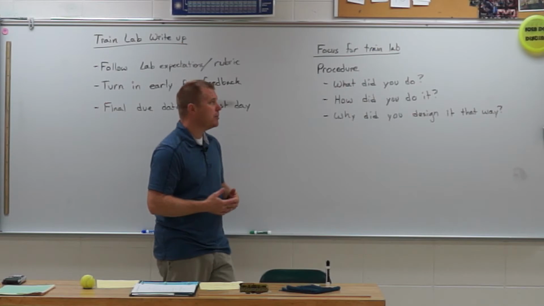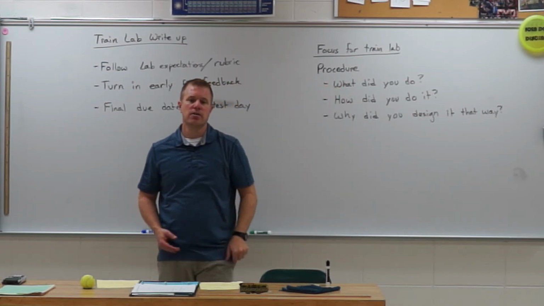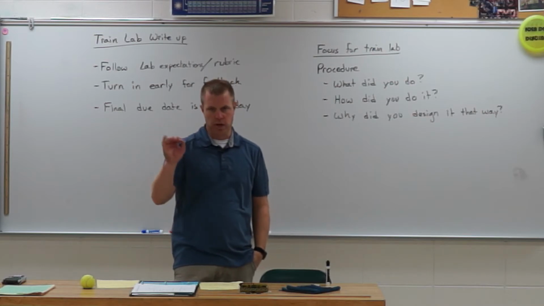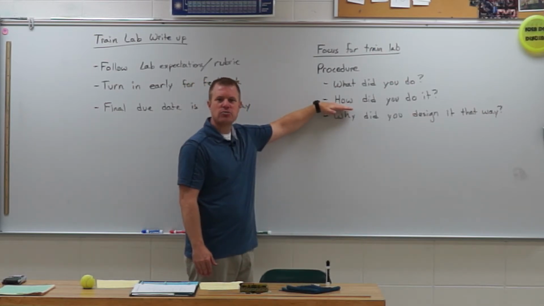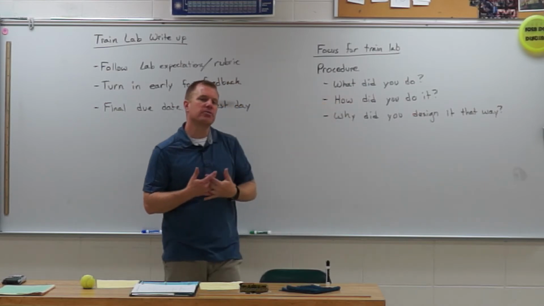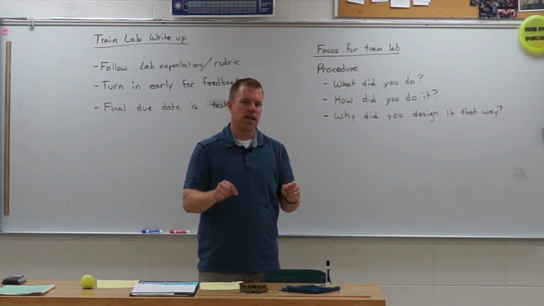So what you need to be able to do is you need to write out what you did. I timed the train to go 1 meter. Okay. Now you need to tell me how exactly did you do that. Don't tell me how someone else would do it. Tell me exactly what you did in the lab.